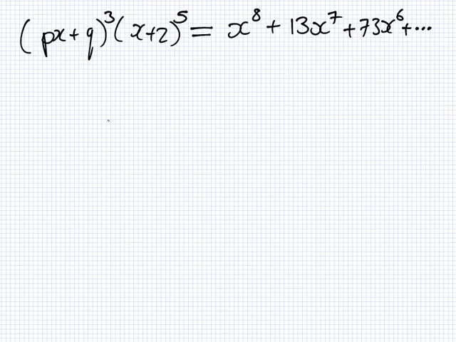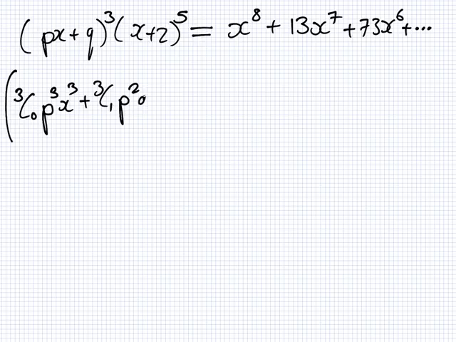So, not really too different. Here, it's going to be 3C0 P cubed X cubed plus 3C1 P squared QX plus 3C2 PQ squared X. Blah, blah, blah. Sorry, there's a square here, isn't there?